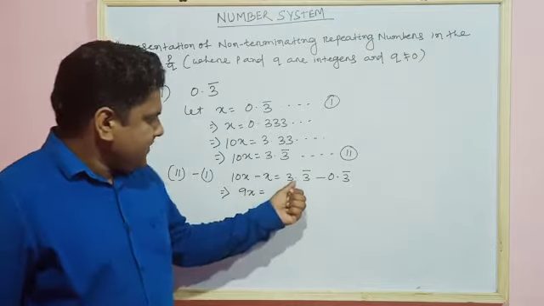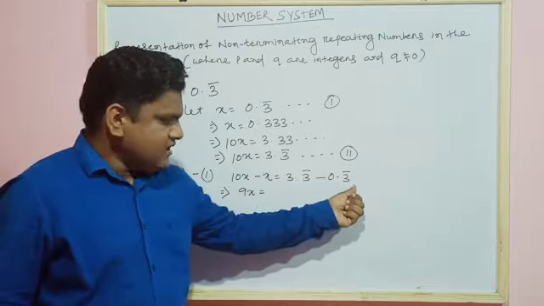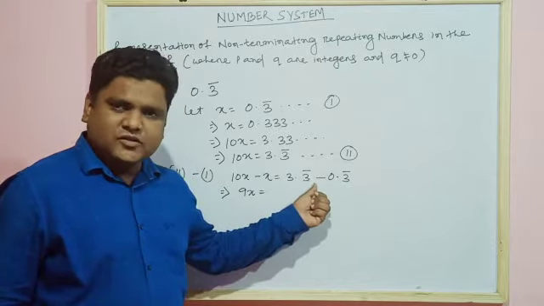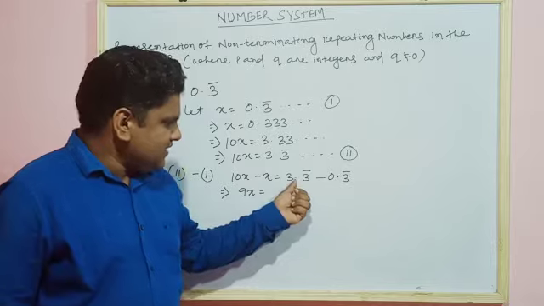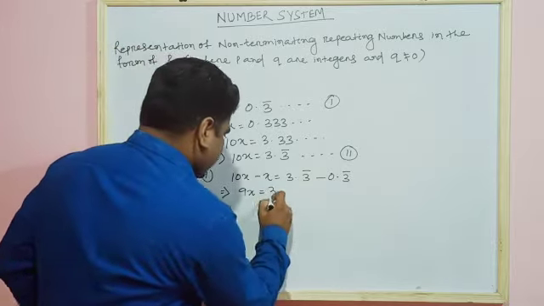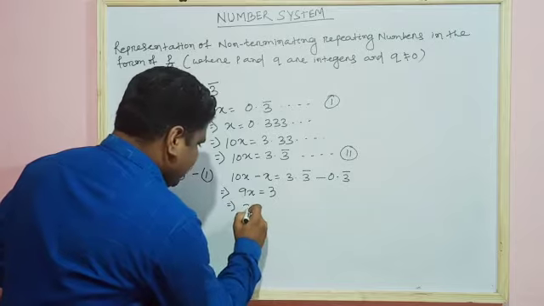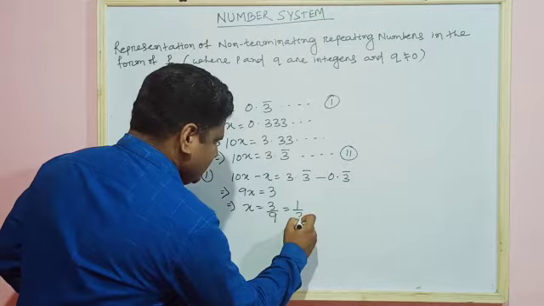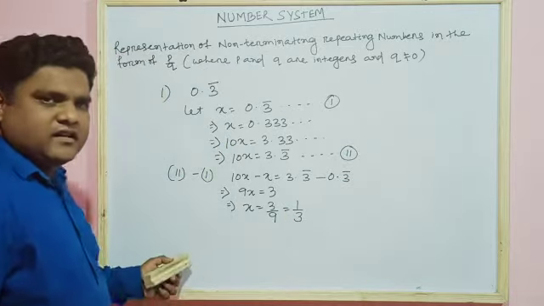Let's see here, 0.3 bar and 0.3 bar. Same number is there after the decimal, so we can eliminate that, and 3 minus 0 is 3. So we can write x equal to 3 by 9 from here. It is also equal to 1 by 3.